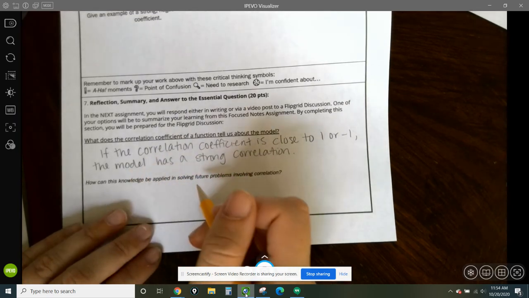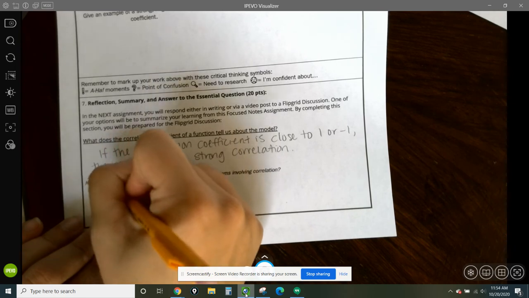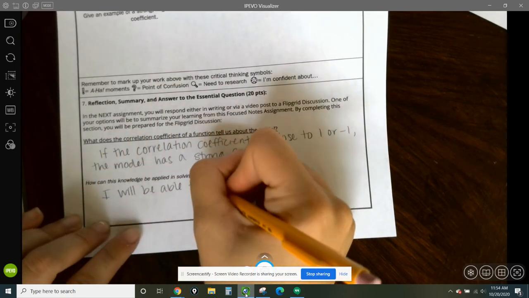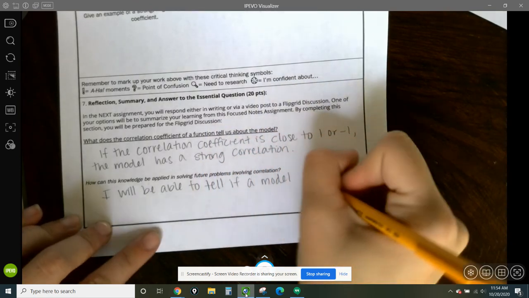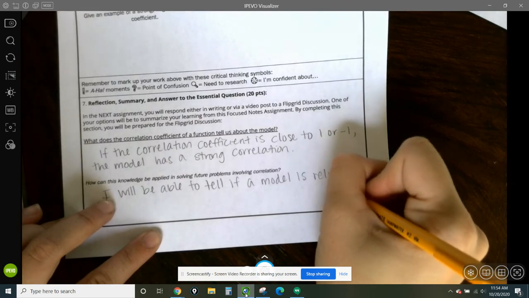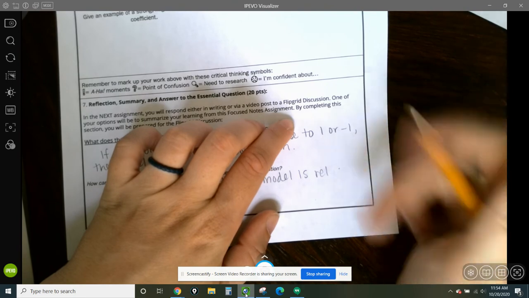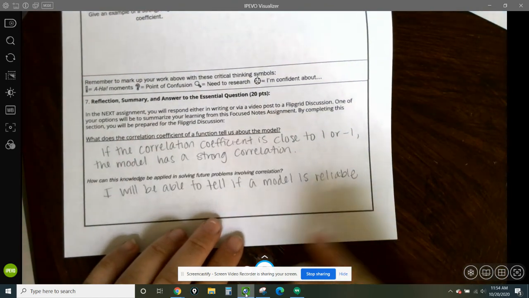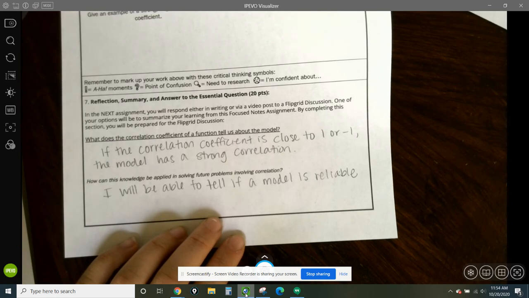So here I would say something about, I will be able to tell if a model is reliable. If it has a strong correlation coefficient, you'll know, yes, I can trust that information, that's reliable. If it doesn't, then you can't trust that model.